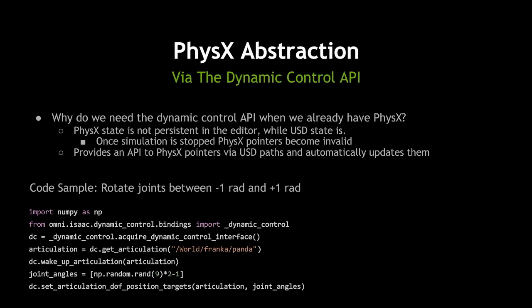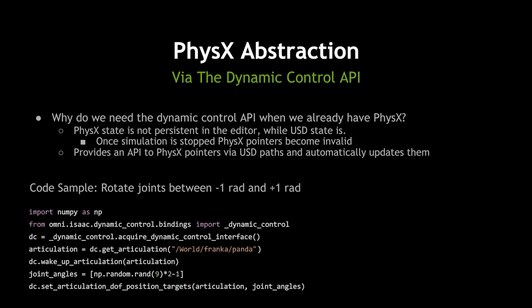Now, the downside is that if you did have a PhysX pointer, it would disappear as soon as you press stop. And if you try to do anything with it, your program would crash. So dynamic control provides an API through USD where you can get an opaque dynamic control handle to the PhysX object through a USD path.